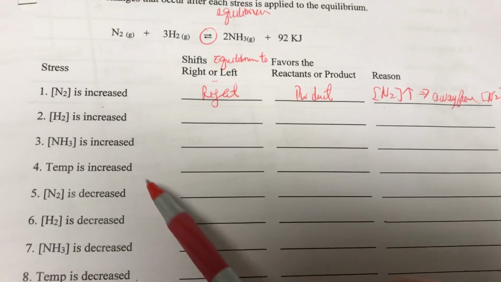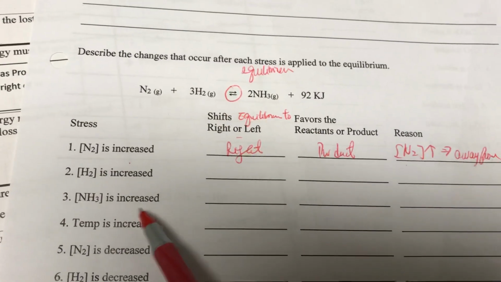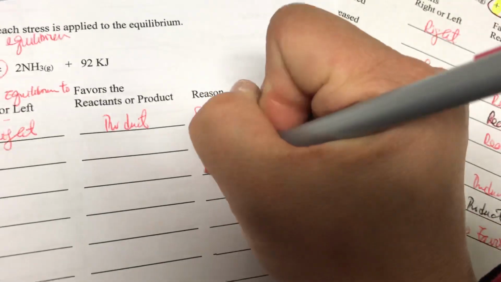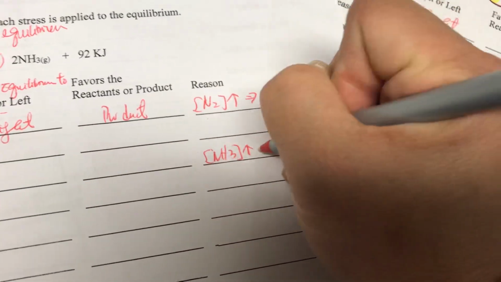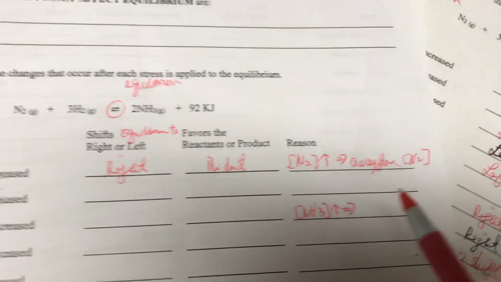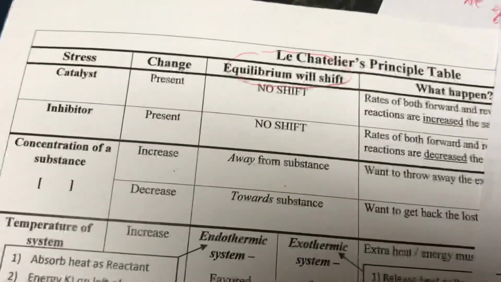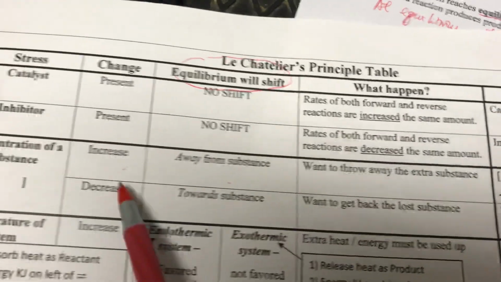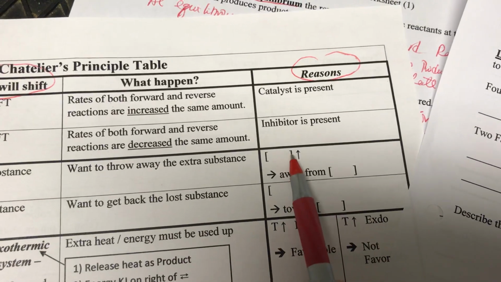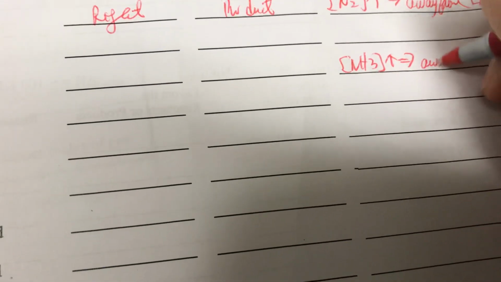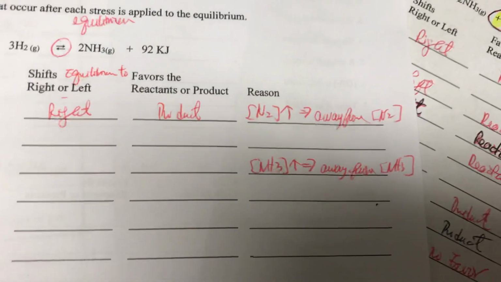Now the other question I want to do is this one: NH3 is increased. So I increase NH3. Same thing: when I increase something, I want to stay away from it because I want to throw away this extra substance. So this is the reason. I increase something, I want to stay away from it, so I want to stay away from NH3.